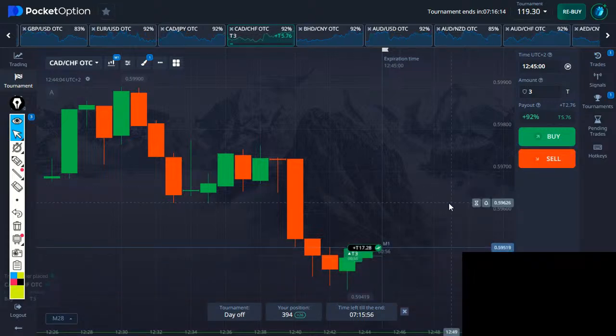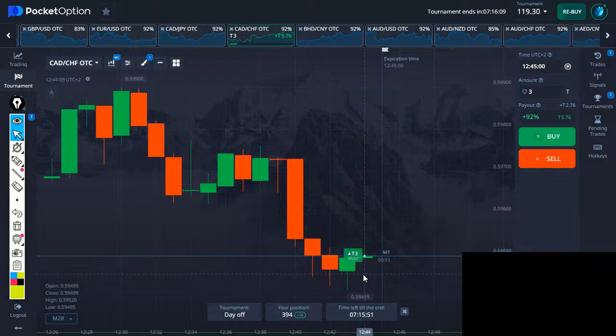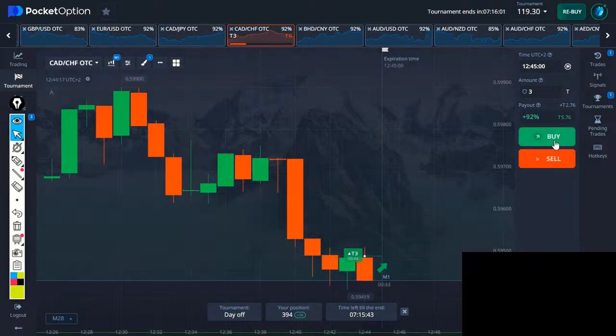We'll take the buy as well. If I see a drop around this area, I'll take two more. Two more.